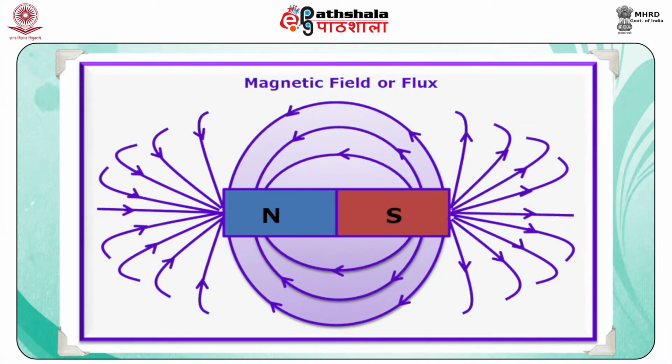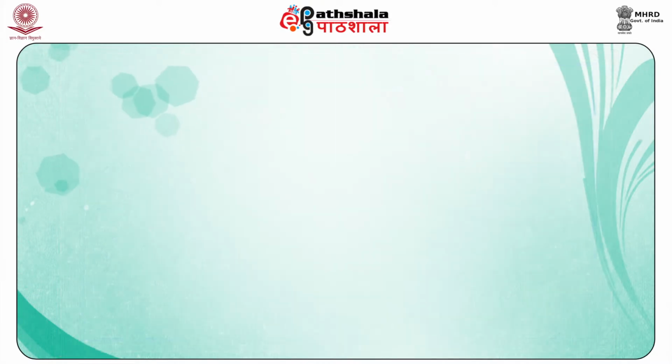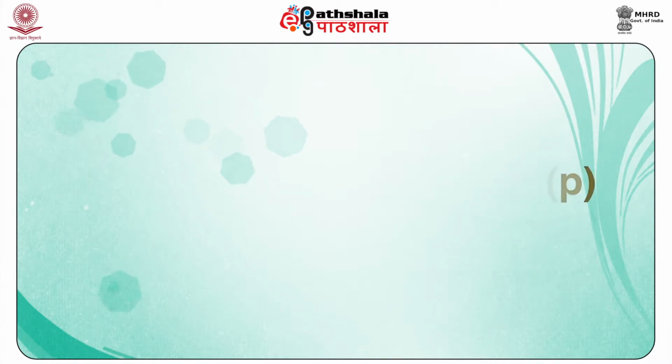A dipole generates its own magnetic field or flux, and this field or flux can be mapped out from the directions assumed by a small compass needle suspended in the field. The north end of a compass will align itself with the field such that it points toward the south pole of the magnet.